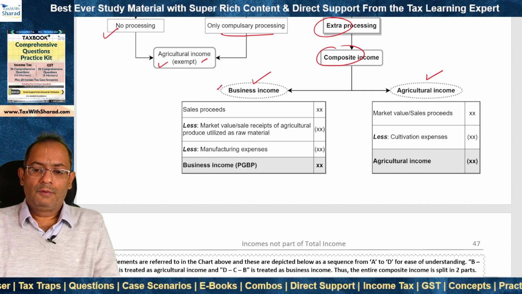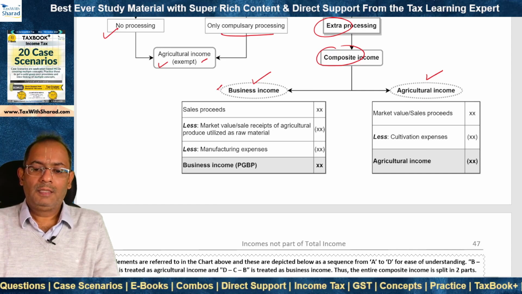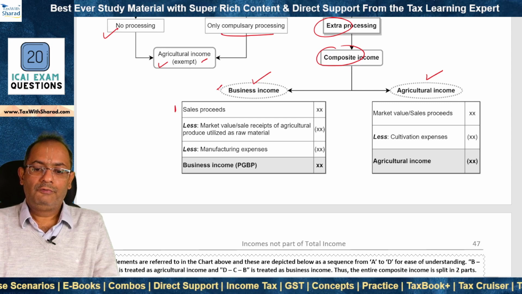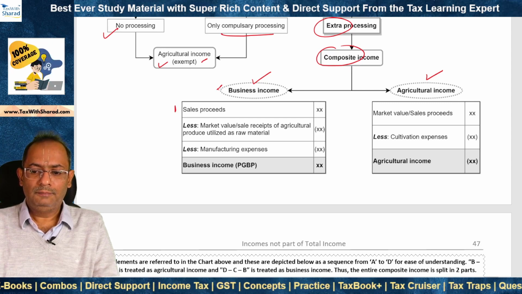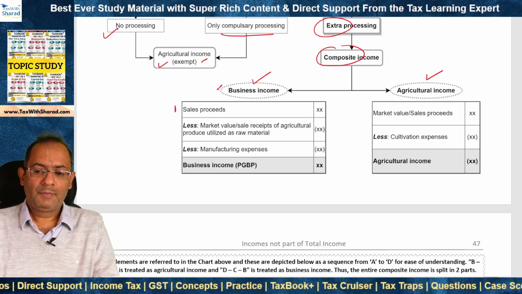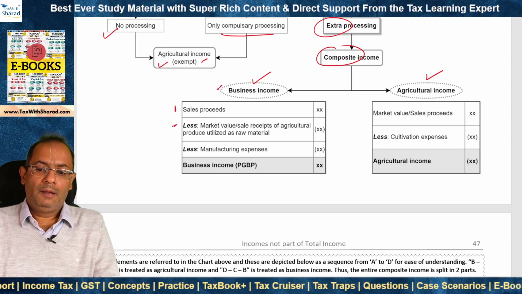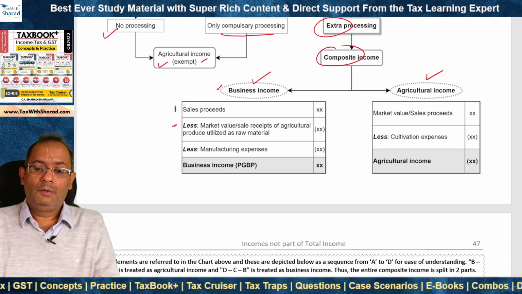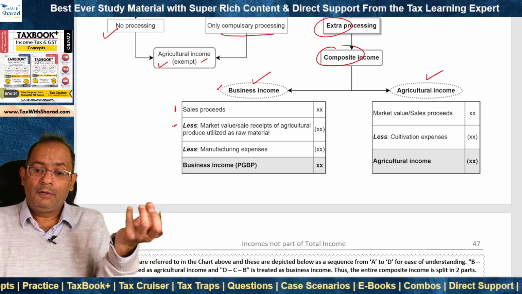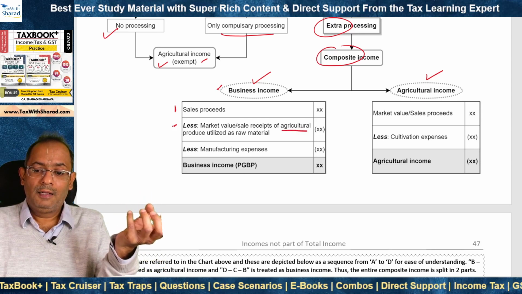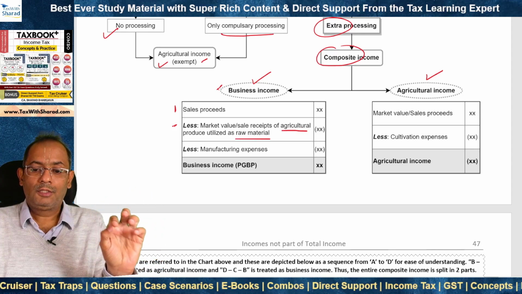So, for determining the amount of business income, we first figure out the sale proceeds in the market. We deduct the market value or the sale receipts of agricultural produce which is utilized as a raw material.